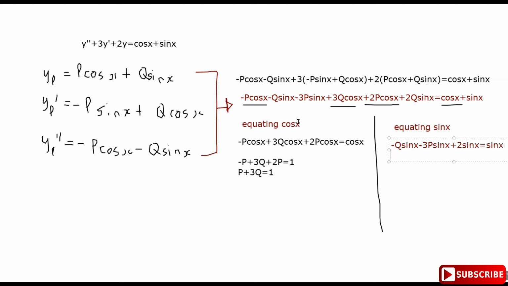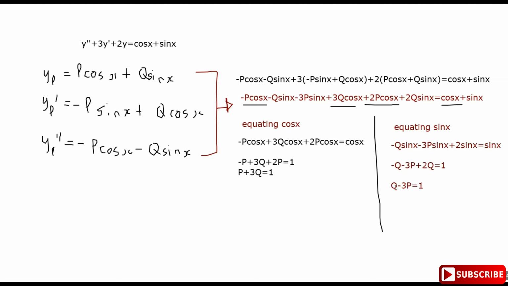So now I'm going to divide through by sine x to get minus q minus 3p plus 2q equal 1. So when I simplify that, what I'm getting is 2q minus q is q, minus 3p, q minus 3p equal 1. Nice. So that is what we have.